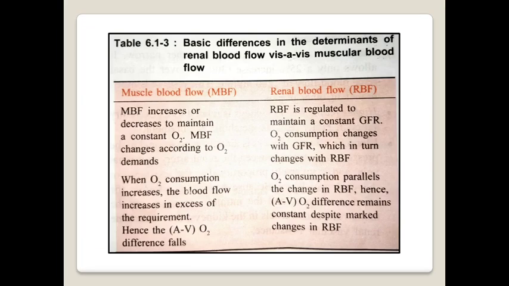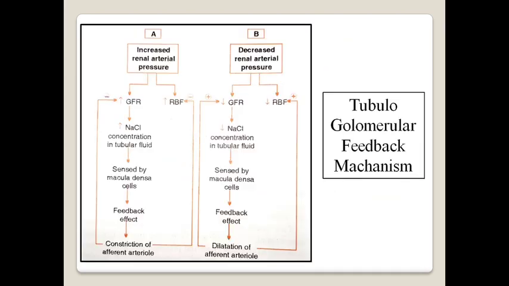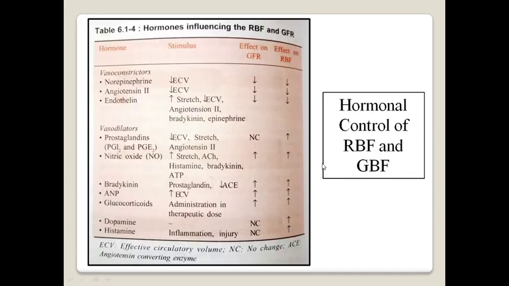So now the control of renal blood flow via the autoregulation mechanism has been completed. Now the other kind of control is hormonal regulation to control the renal blood flow. As in other parts of controlling mechanisms, hormones also influence the renal blood flow and GFR.